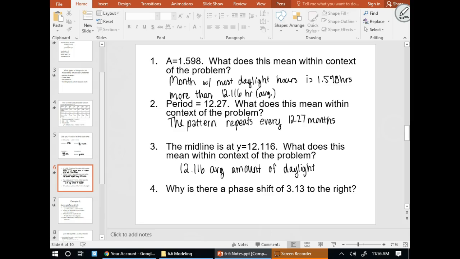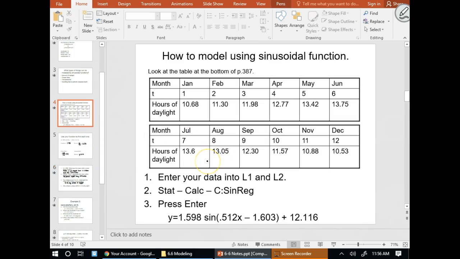All right, then the very last one is phase shift. And phase shift, I think, is a little hard to think about with these. The answer for phase shift is basically just always to get this to line up. Because we use the sine function because our calculator will only do sine functions.